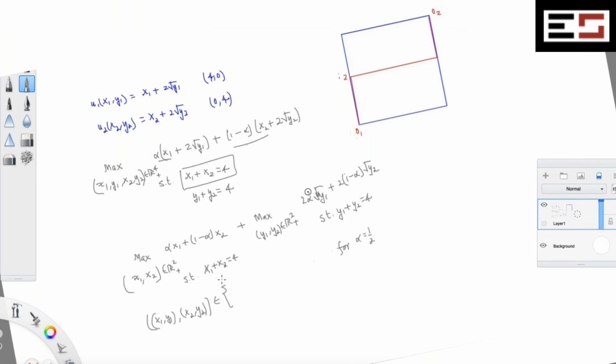Notice that for alpha equal to half, this is like half x1 plus half x2. If you maximize half x1 plus half x2 subject to x1 plus x2 equal to 4, you'll get the set of all x1, x2 on this x1 plus x2 equal to 4 line. Basically any pair will solve this problem. Is that okay?